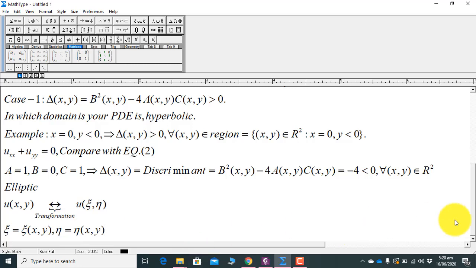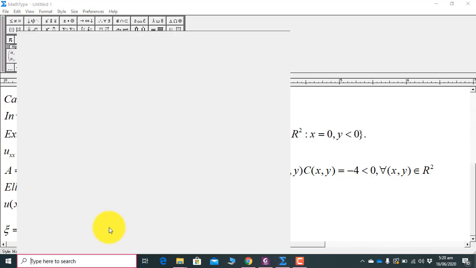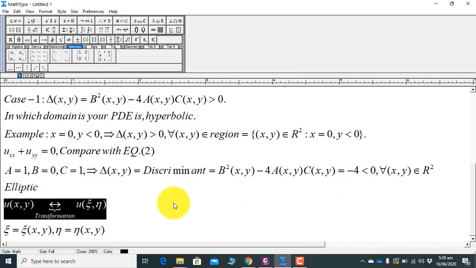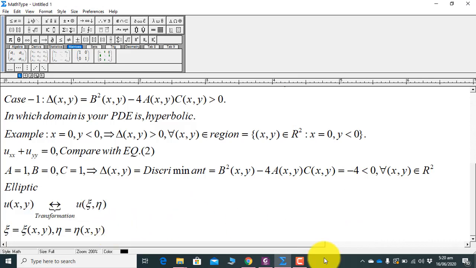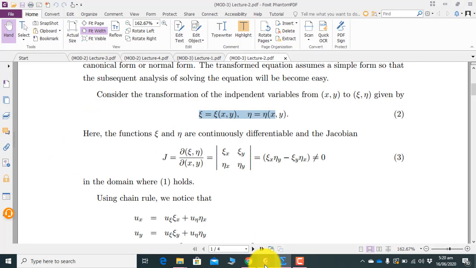In order to have the canonical form, this transformation must be determined. So what will this transformation actually do with your PDE? This transformation reduces our partial differential equation into a simpler form, and therefore this transformation is required in order to proceed further. But how we will calculate it, in just a moment I will tell you the answer.